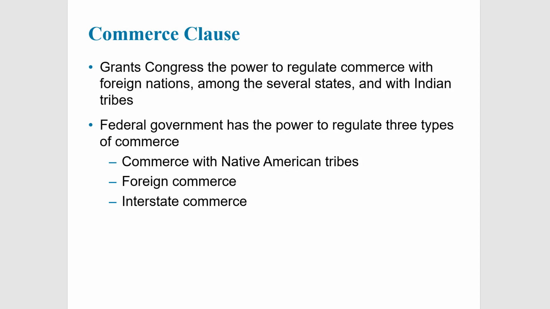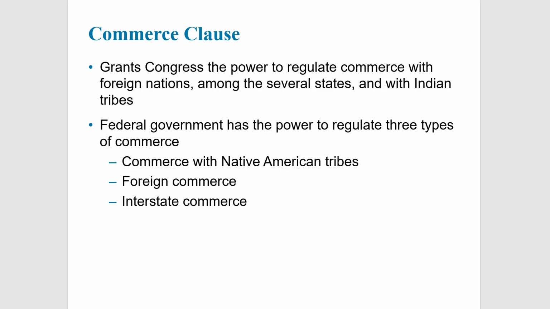The Commerce Clause of the Constitution is extraordinarily important for business law. This is the clause that grants Congress the power to regulate commerce with foreign nations, among the several states, and with Indian tribes. The key clause there being among the several states.